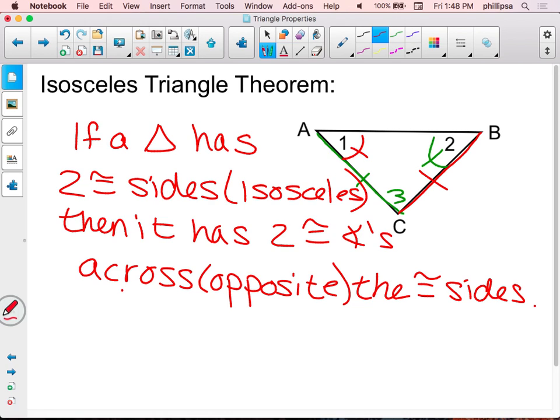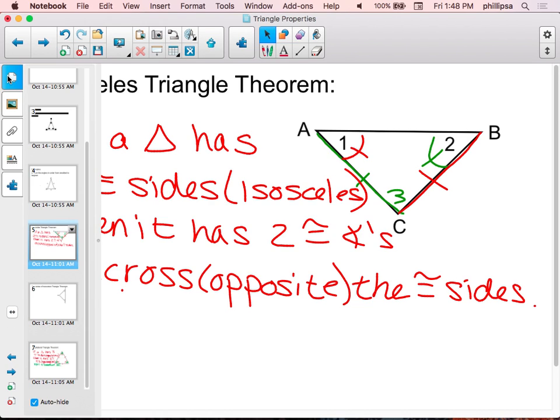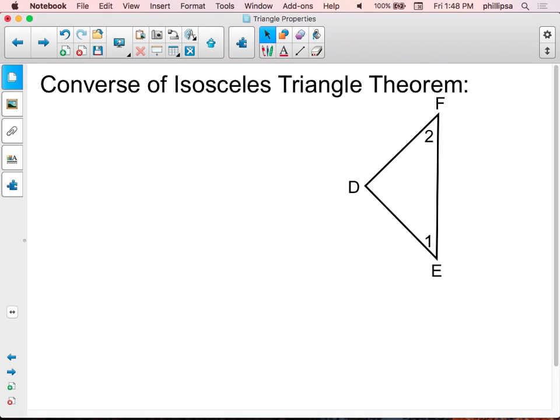Okay. So let's shift gears to the converse of the isosceles triangle theorem. You know what converse statements do. They switch the order of your conditional statement. You tell me what the converse statement is then. Gabe? If a triangle has two congruent angles, then it has two congruent sides. Yep, that's it.